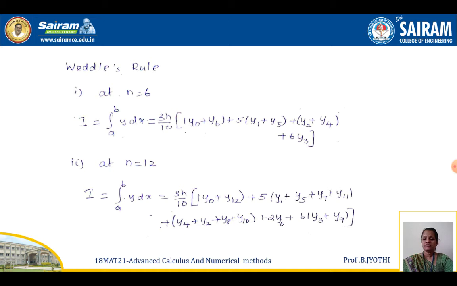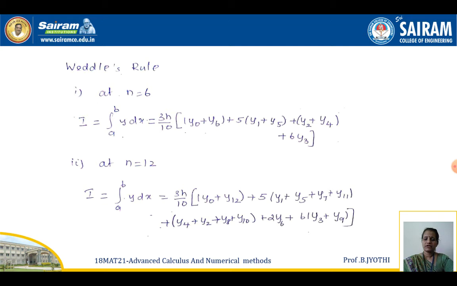Second, when n is 12, that is when the interval is divided into 12 equal parts, we get I = ∫ from a to b of y dx = 3h/10 [y0 + y12 + 5(y1 + y5 + y7 + y11) + (y2 + y4 + y8 + y10) + 2y6 + 6(y3 + y9)].